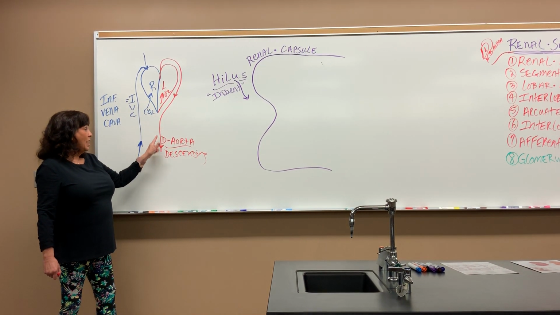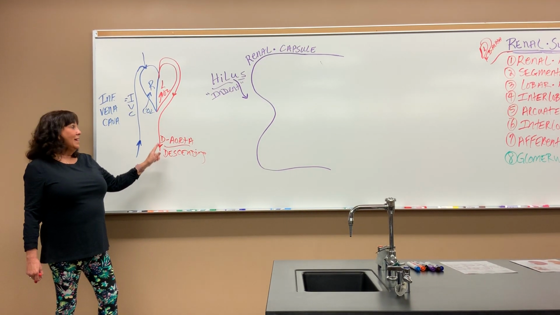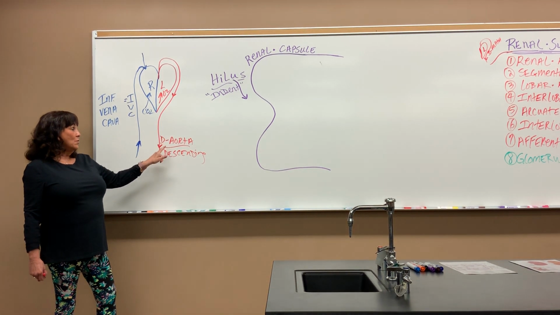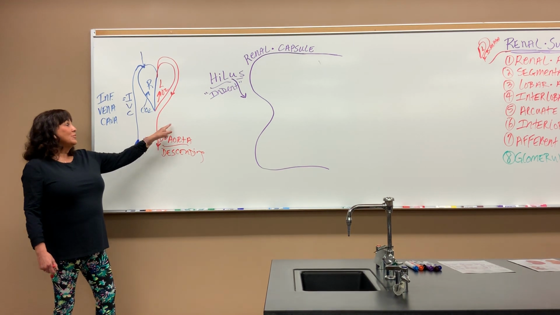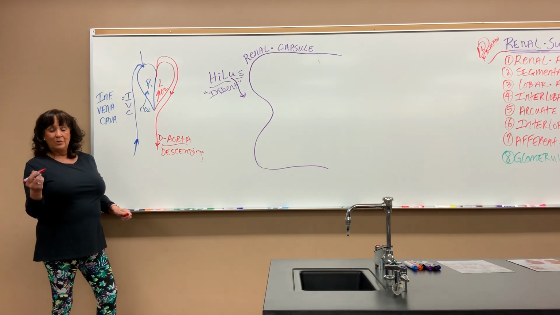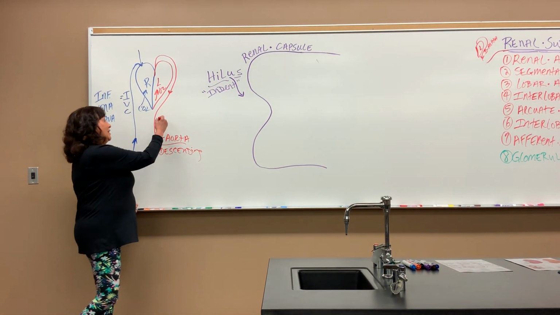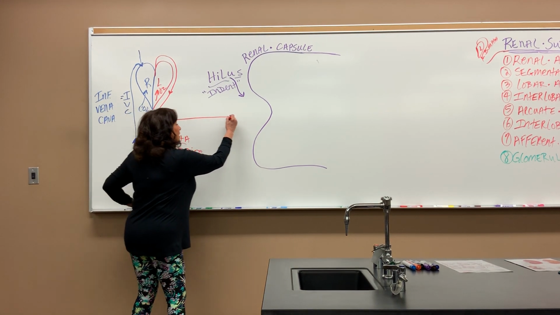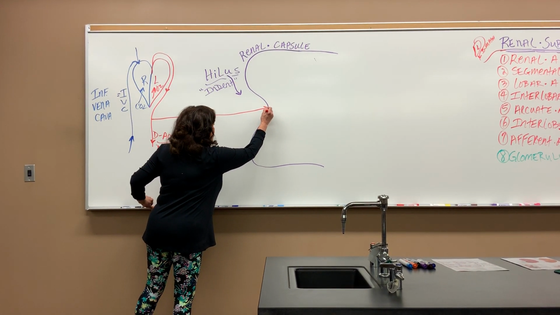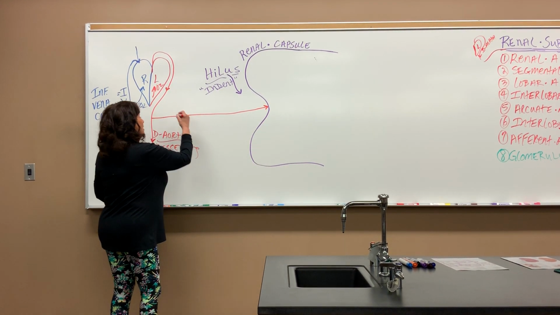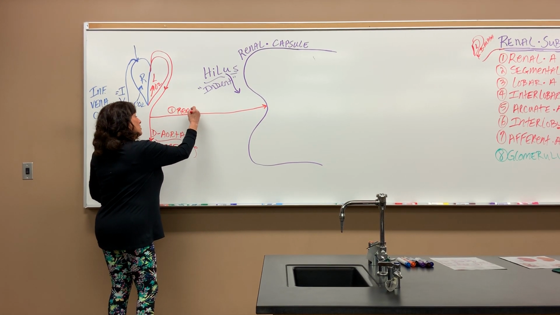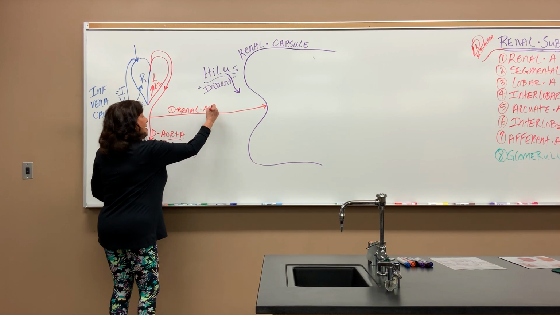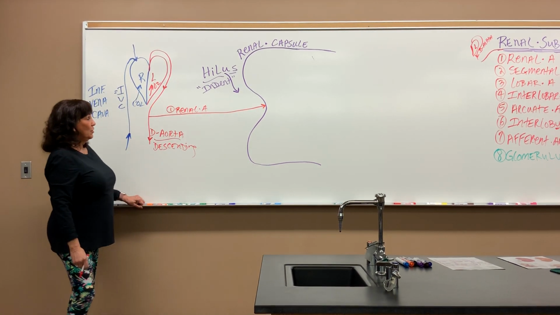This is the main highway coming down the middle of the body, and off the descending aorta, D aorta stands for descending aorta, we are going to take the exit known as the renal artery, okay? So the renal artery is going to go right to the capsule of the kidney. So this is step number 1, and that's going to be the renal artery. And I have that listed over there.